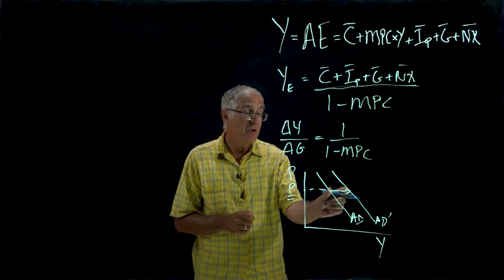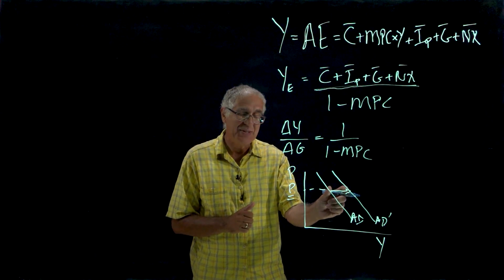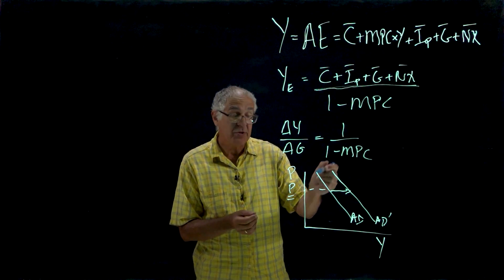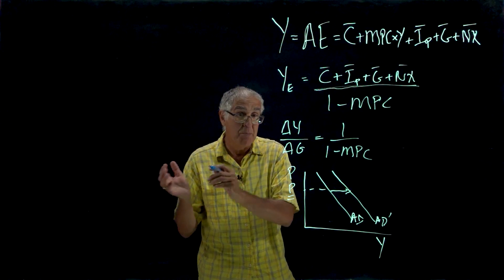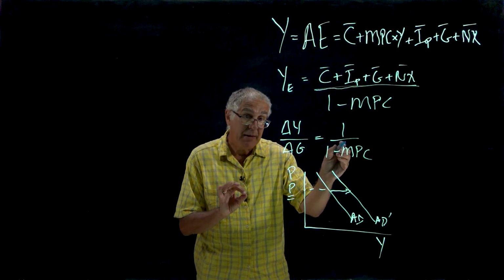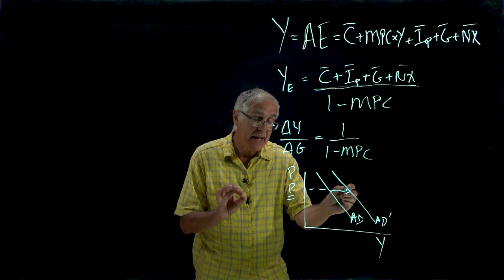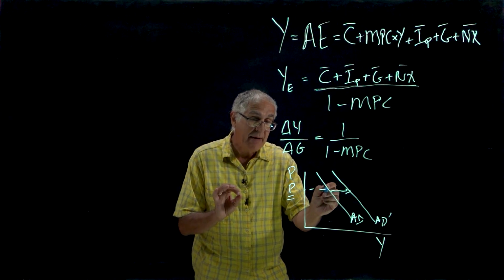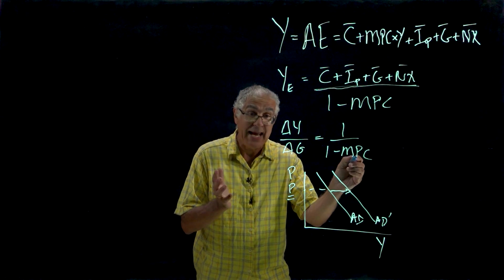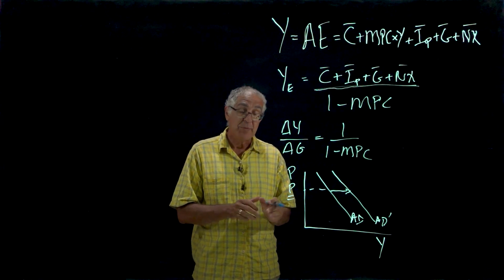Okay, so this horizontal distance between the two aggregate demand curves is the amount that's given by the multiplier itself. So if we had a $1 billion increase in government spending, then the multiplier would tell us that this horizontal shift in the aggregate demand curve would be $5 billion if the marginal propensity to consume was 0.8, so that the multiplier was equal to 5, okay? So keep that in mind.